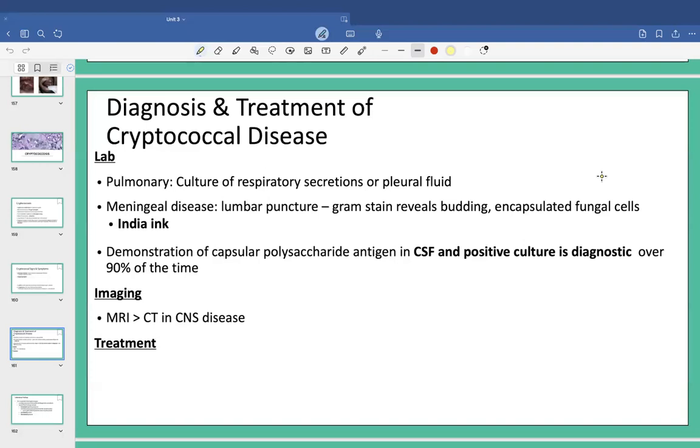And does anybody recall the treatment from last week for severe progressive systemic fungal infection? Starts with the A. Amphotericin B. So these patients are going to be treated with amphotericin B followed by fluconazole and possibly the addition of flucytosine.